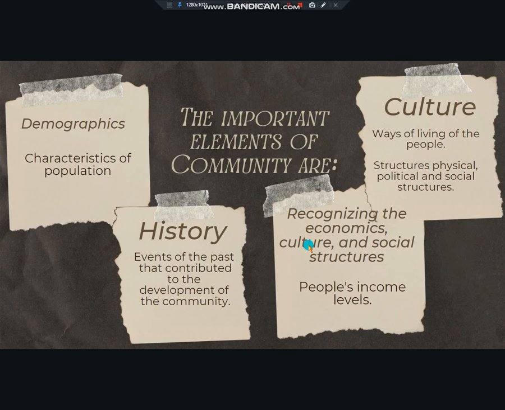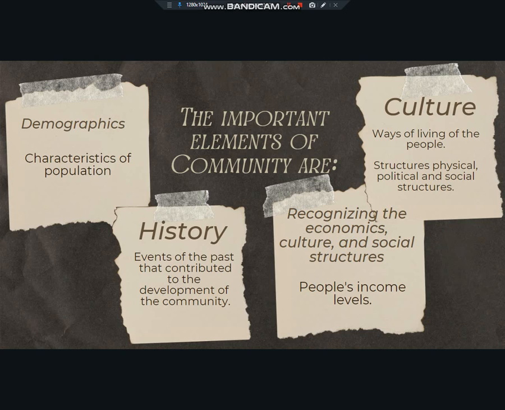Third one, we have recognizing the economics, culture and social structures. Why? We need to know the income level of the people, so we have to know the ways of living of people. Actually, this one and this one are connected.